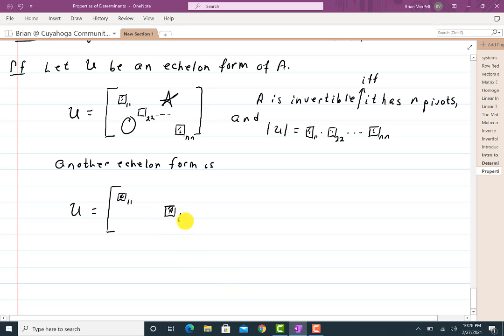Maybe it's an i, and then the other spot is like i plus k or something. So you have a gap of k spaces, and it goes on, who knows. Well, in this case, the determinant of U is obviously going to be 0 because you have less than n pivots. We don't have a pivot in every single column. We'd be skipping columns. In other words, we'd have free variables, whatever you want to call it.